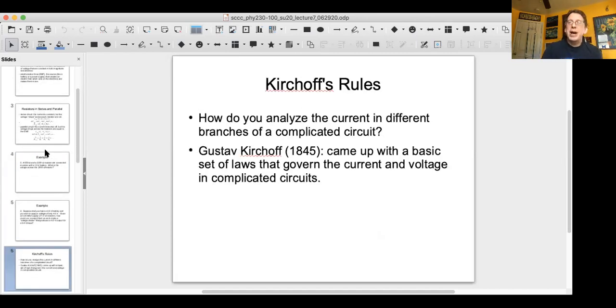Next, we talked about Kirchhoff's rules. Gustav Kirchhoff was a German scientist, working in the mid-1800s, and he came up with a basic set of laws that govern the current and voltage in complicated circuits. The math here may seem a little bit complicated, although if you're an EE major, you may have already seen it.